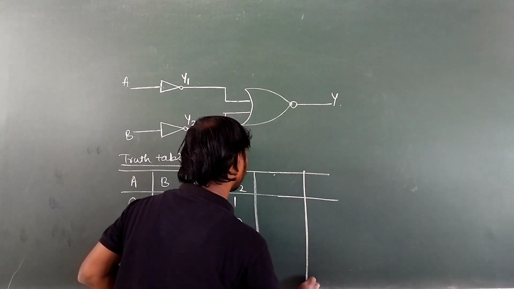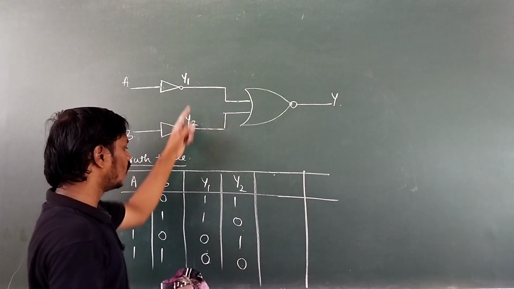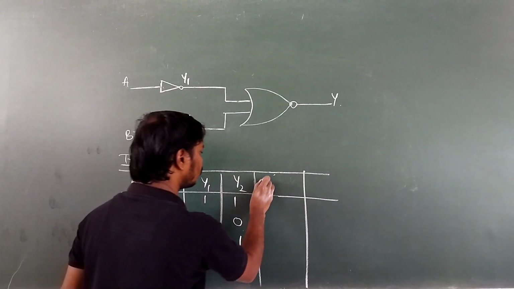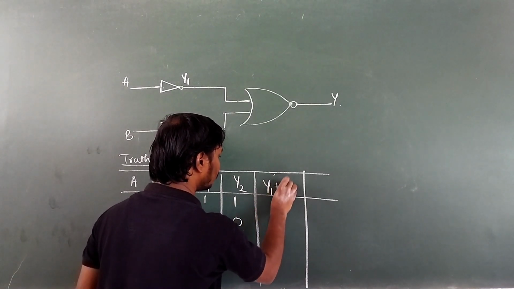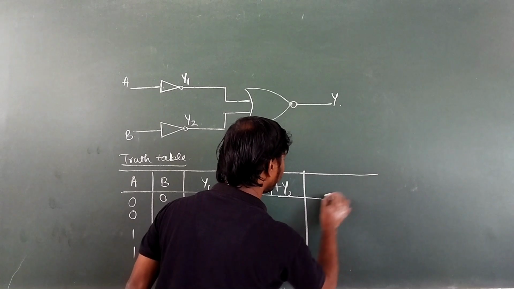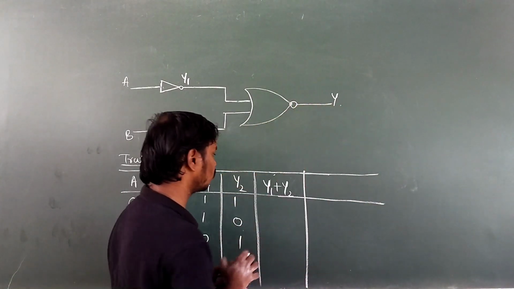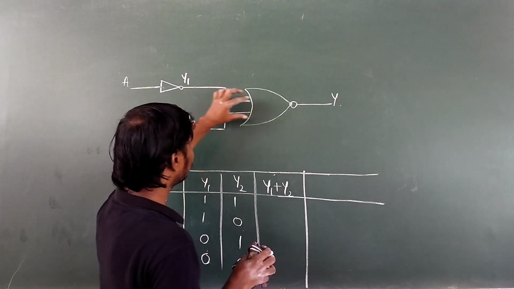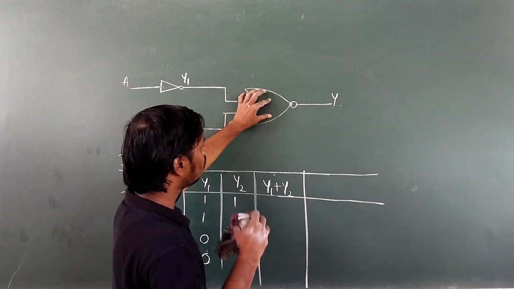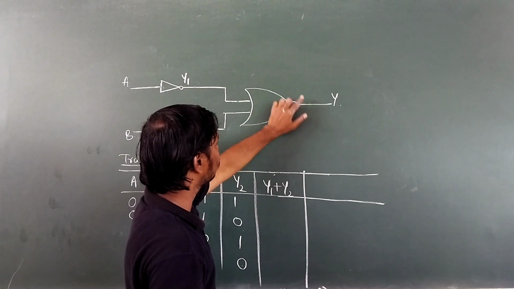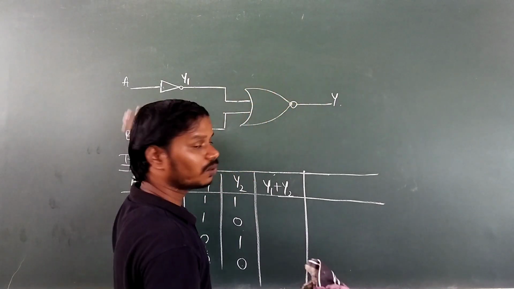So first we have to find Y1 or Y2, then we have to find its complement, because the OR gate is further connected to a NOT gate. Then the complement of the output of the OR gate gives the output of the whole combination.